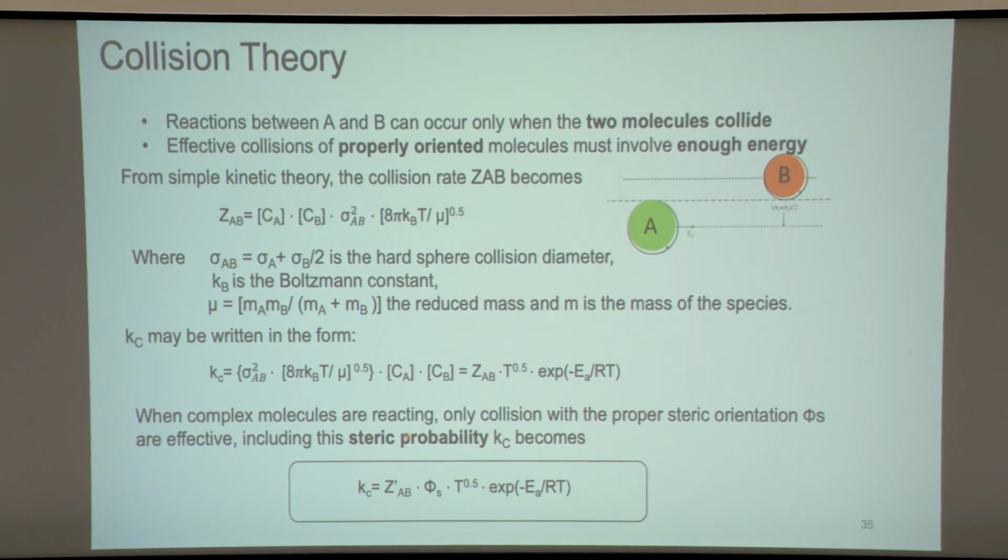But again, it's not necessarily the case that this ZAB, this collision rate, is the same as a factor that you find in a model, because this is only if T has the exponent of 0.5, and many times it may not have this. And that's how we can think of some modifications, and it's not necessarily that ZAB is only related to this rate expression.